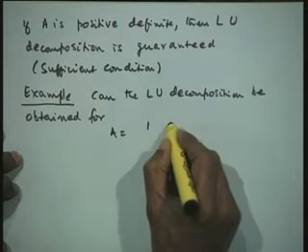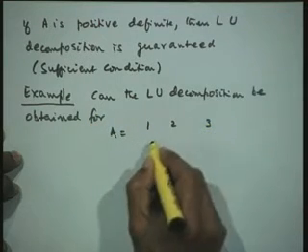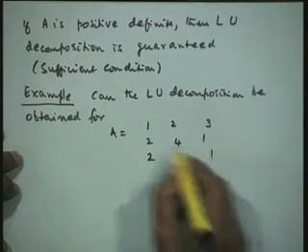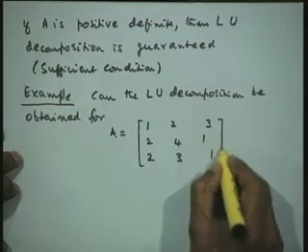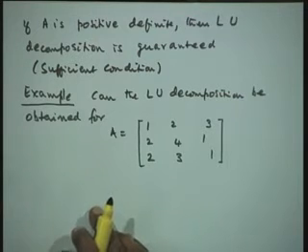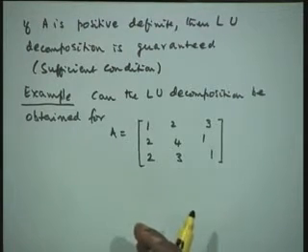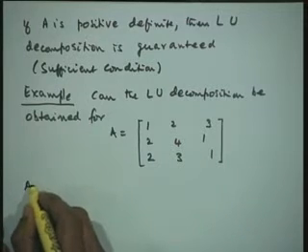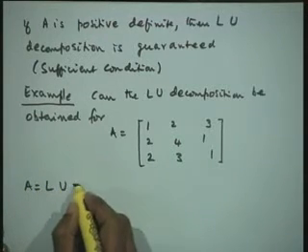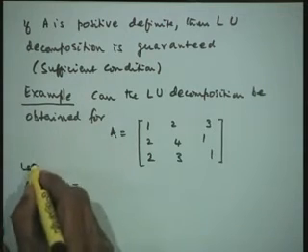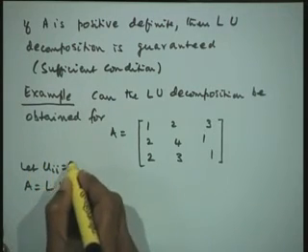Let us take it as 1 2 3, 2 4 1, 2 3 1. Now, this is a 3 by 3 matrix. So, let us straight away write down A is equal to L into U, and again we will take U ii is equal to 1.